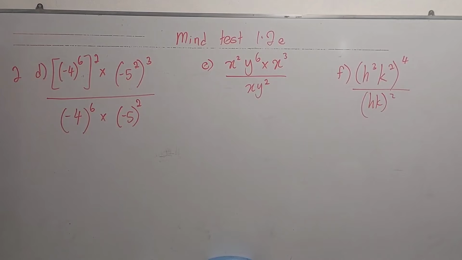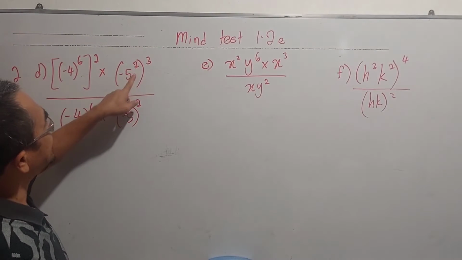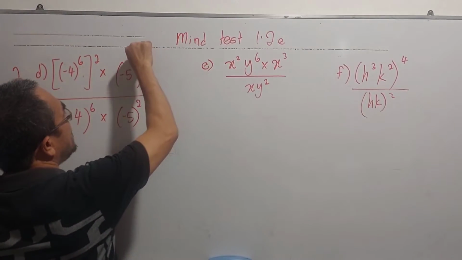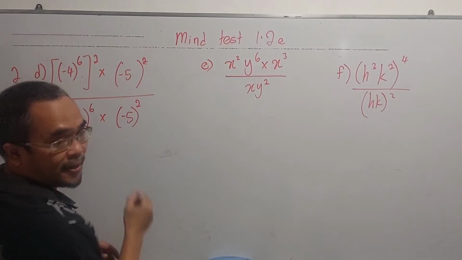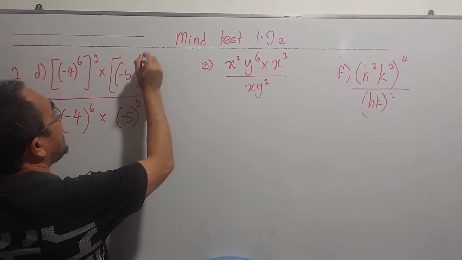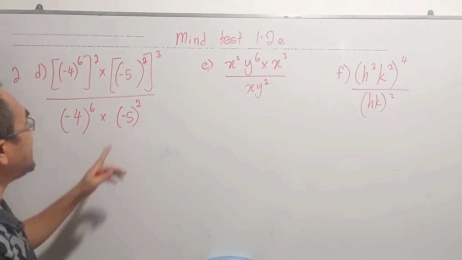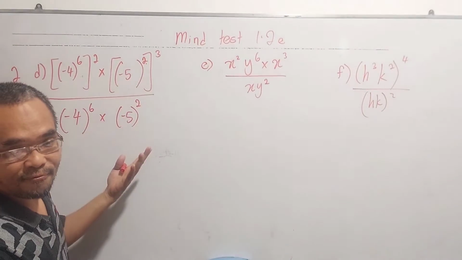Okay, look at question D. First, I believe this is written wrongly. It should be the 2 is outside the bracket, and then there is another bracket to the power of 3. Okay, to make sure that the base is negative 5. If not, the base is 5.